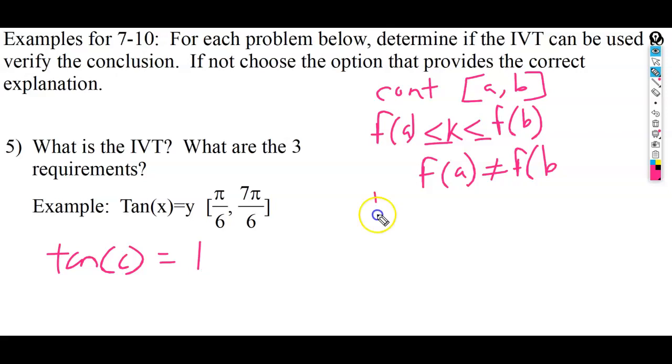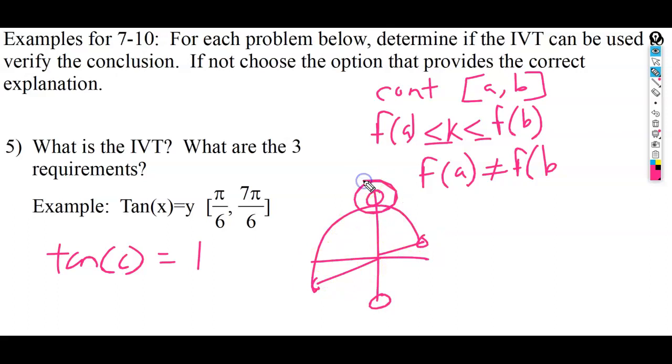Well, since tangent has a discontinuity here and here, we're going from pi over 6 over here to 7 pi over 6. On that interval, we are crossing a point of discontinuity, and therefore the IVT cannot be used to guarantee that tangent equals anything on that interval. So we would say no, since it's not continuous on the interval.